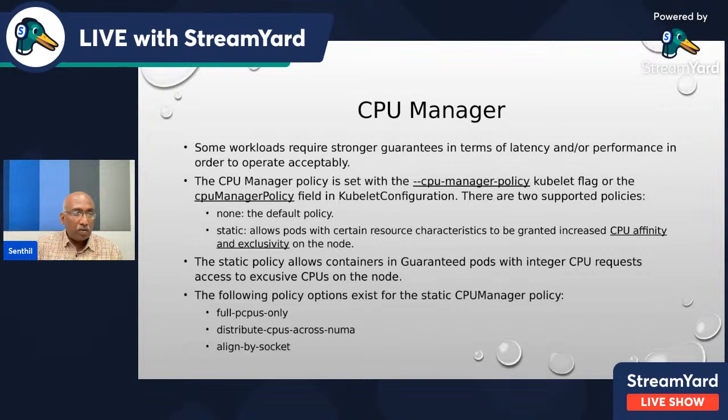For instance, if it is a workload that is doing lots of processing, and this processing has to be done very quickly, then with align by socket the container will have exclusive right over two CPUs, and the two are allocated on the same socket. So that is the kind of control that you get by using CPU manager.